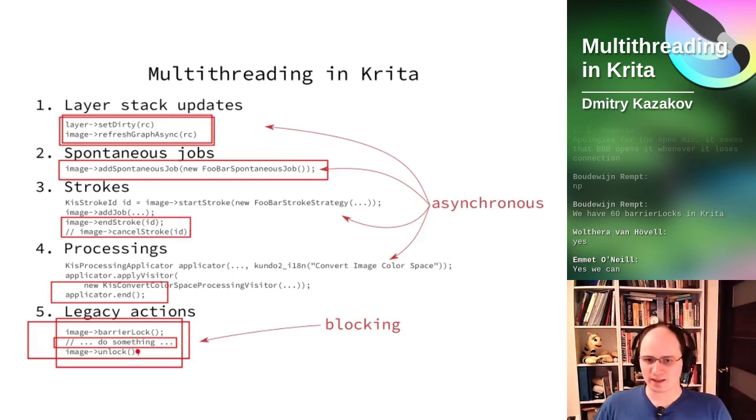So after doing unlock, you will have to call wait for done anyway to wait for the updates. So from the Python API point of view, all 5 actions should have wait for done after them.